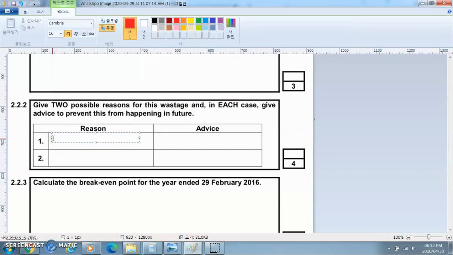Gloria ended up having 100 dresses forfeited that would have been made had she had no losses. There are many reasons here. An obvious one you can say is that maybe the dressmakers are unskilled. Unskilled people tend not to be able to do things properly.